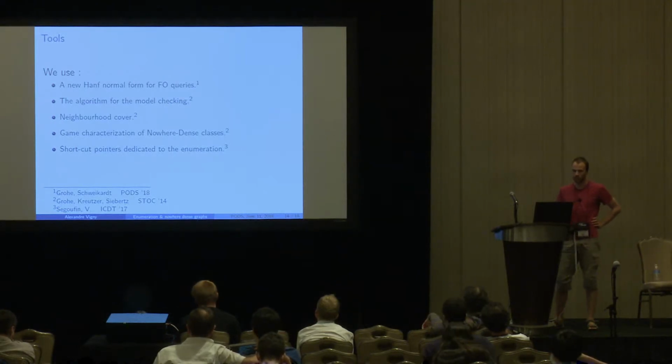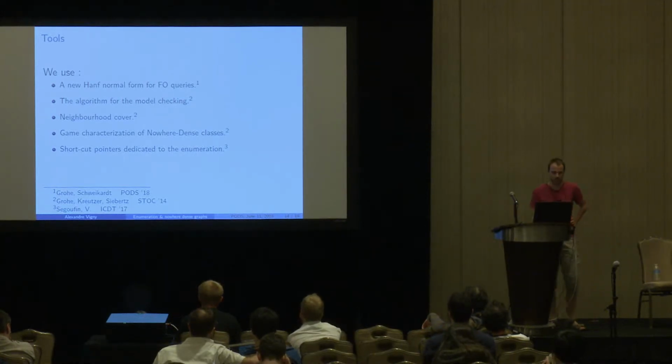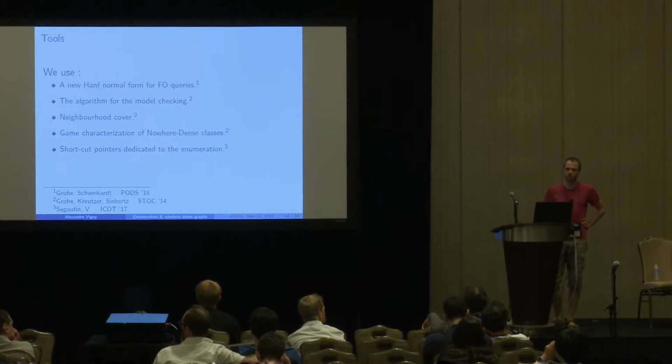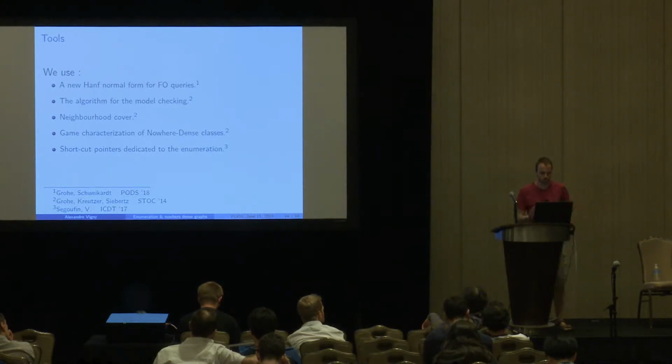We also use two of the tools: the neighborhood cover, I will talk about that in the next slide, and the game characterization of nowhere dense classes of graphs. With that we can do the testing problem. For the enumeration problem, we have some extra work using some shortcut pointers. Really, it looks like the same. That's my first example about these pointers that skip a pack of consecutive edges. It's roughly the same.